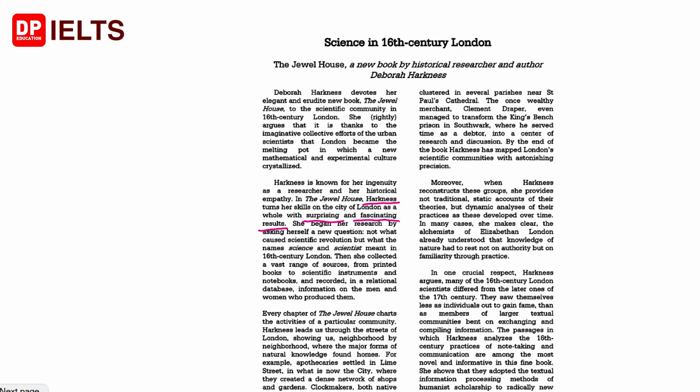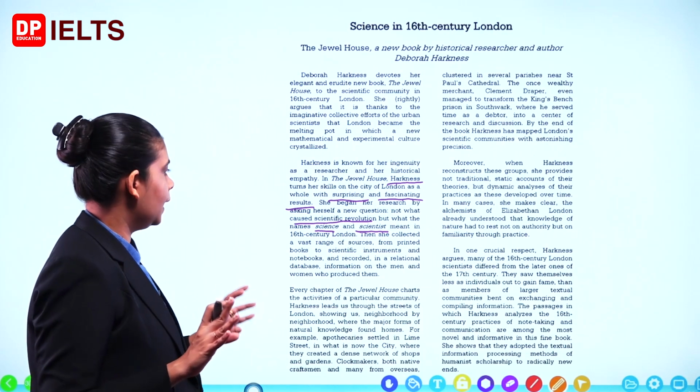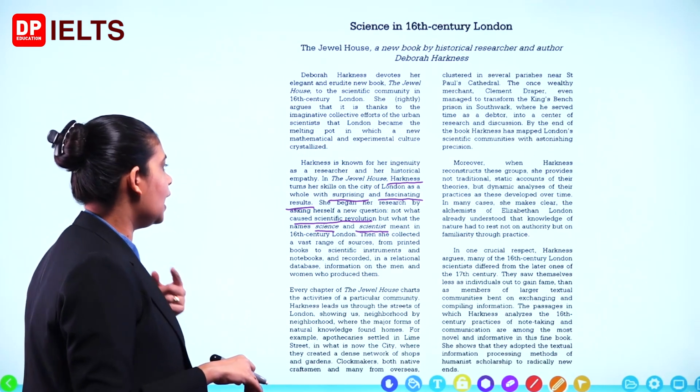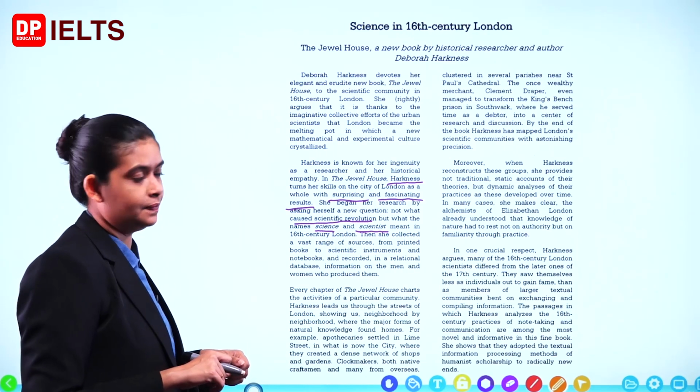She began her research by asking herself a new question. Not what caused the scientific revolution, but what the names science and scientist meant in the 16th century. So she didn't ask what caused the scientific revolution, but she was looking at what these names, science and scientist, meant. Okay?